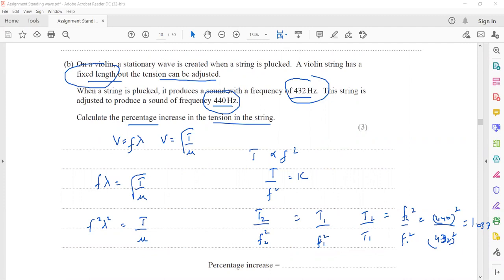In terms of percentage increase, it is 1.037 minus 1, which equals 0.037, and in terms of percentage it is 3.7%. Is it clear? Discussion.